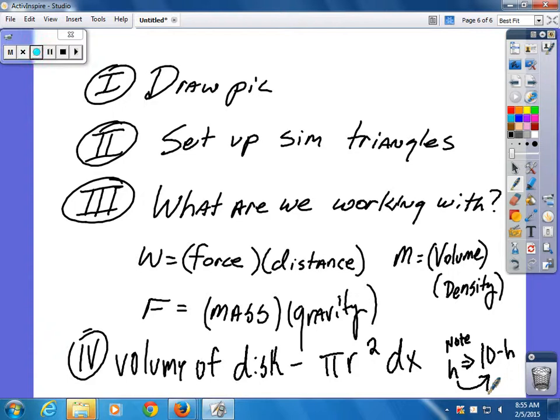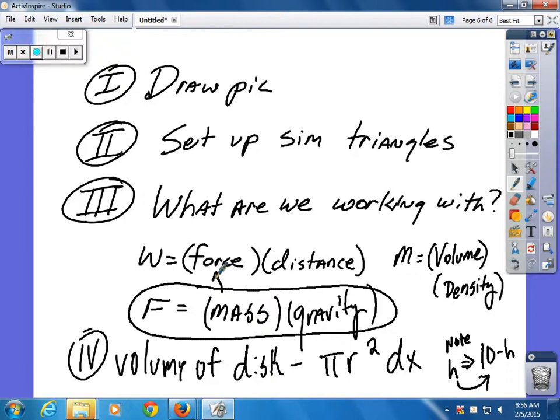And then once you get this worked out, and you put it in there, and then you've got your distance, then you can set up your antiderivative.